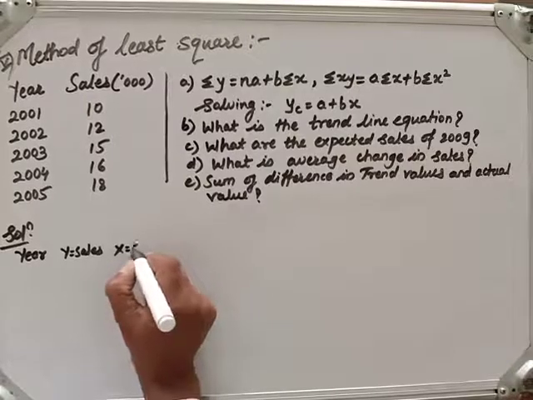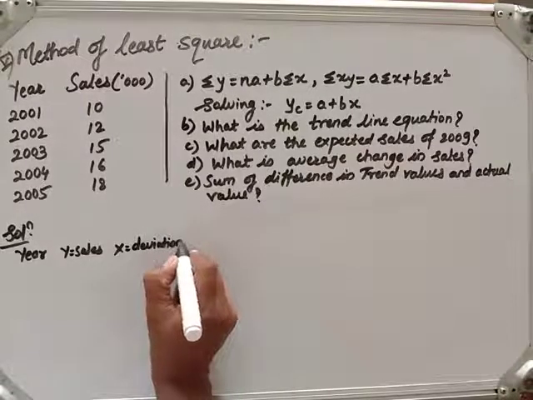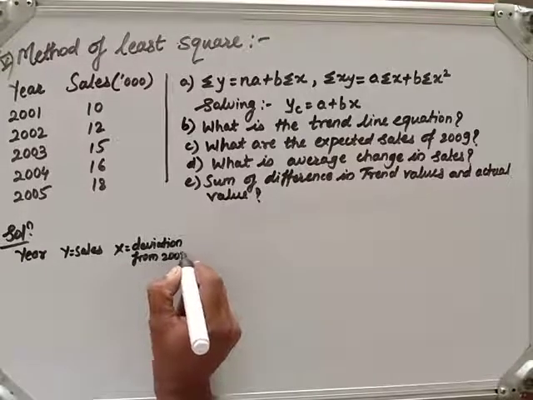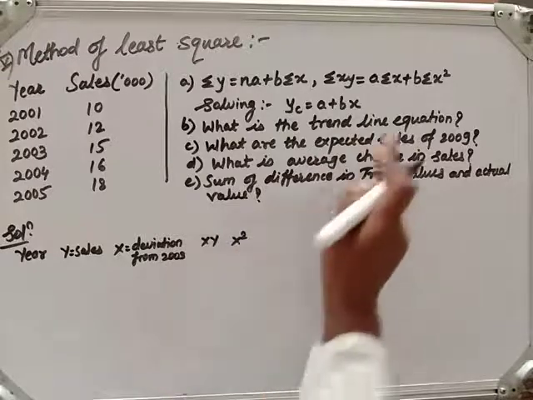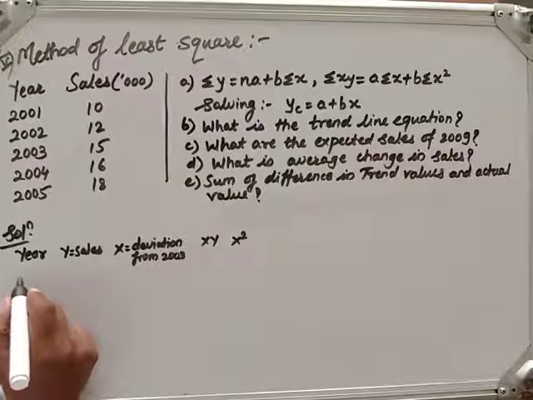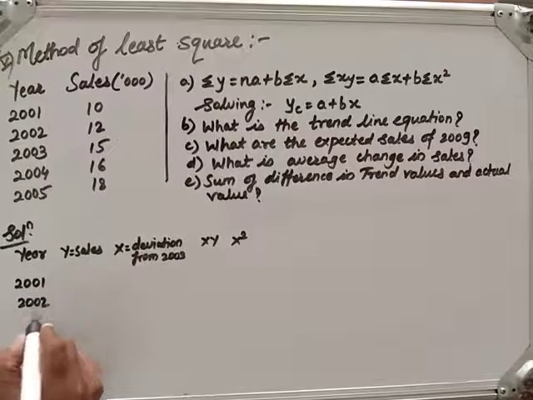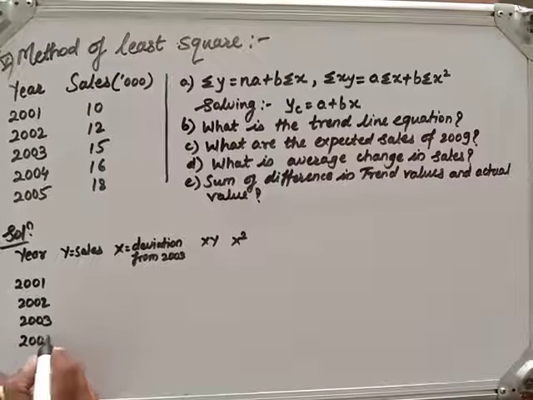X will be the deviation from 2003. Then we need xy and x square, right? So years 2001, 2002, 2003, 2004 and 2005.